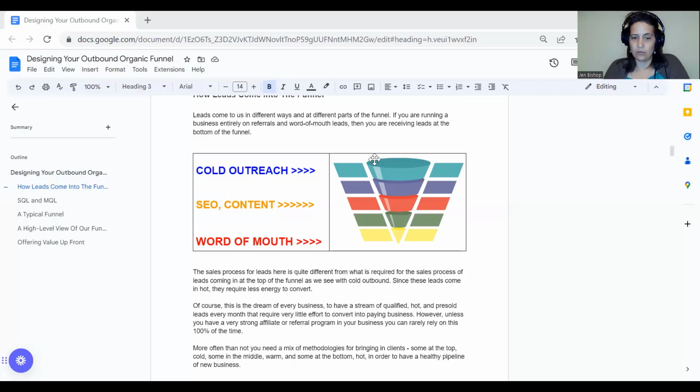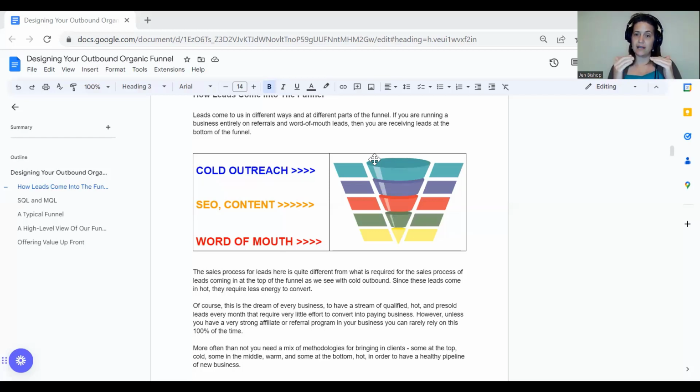Every business I talk to says, I just want pre-sold leads. I just want hot sales qualified leads. I just want them to come to me ready to buy now. However, unless you have a really strong referral network or an affiliate program, so people are incentivized to send you pre-sold leads, you can rarely rely on word of mouth and referral to bring you all of your business.